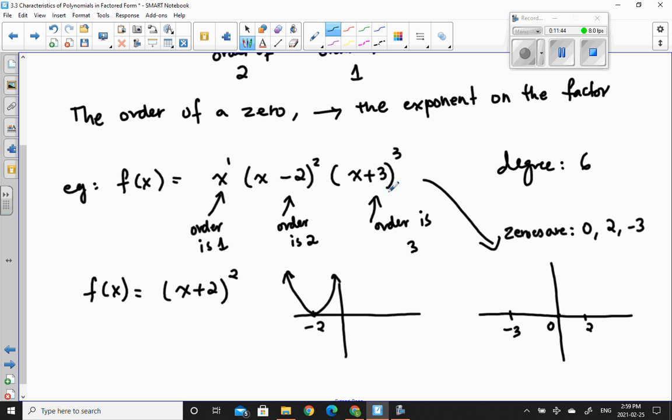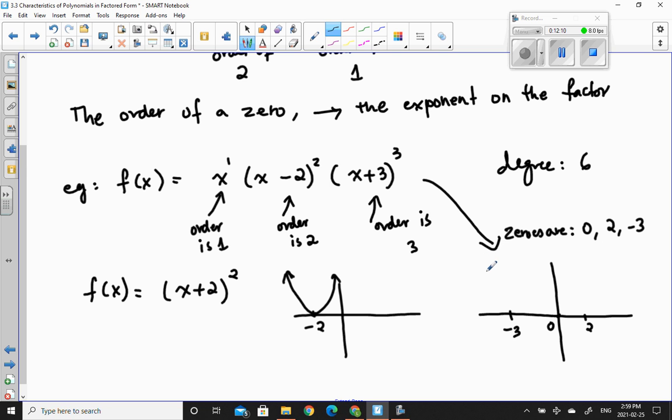Because it's having a cubic behavior at this point, it's going to pass that point in a cubic fashion. It's a degree 6 function with a positive leading coefficient, so it's going to go from quadrant 2 to quadrant 1.